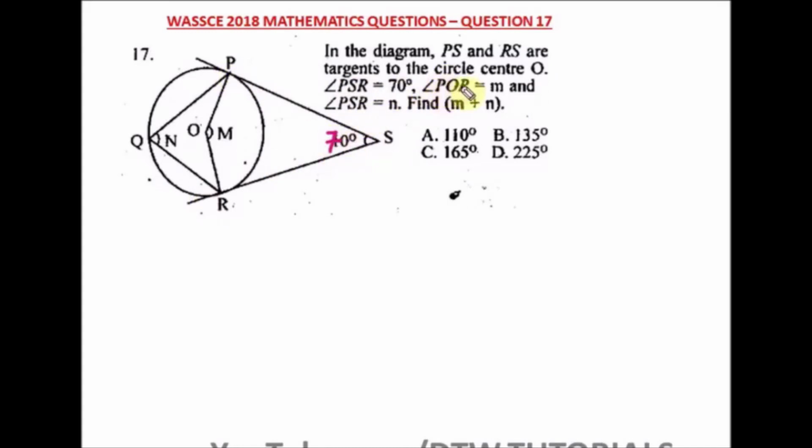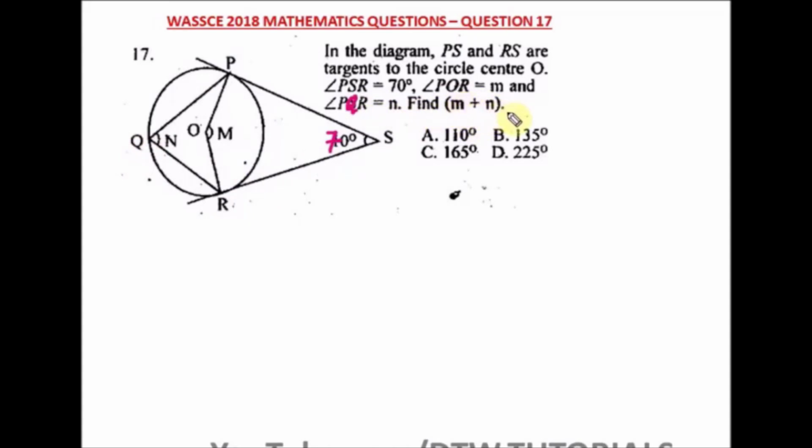And angle POR is equal to M, and angle PQR, this shouldn't be S, this should be Q, because this is equal to N. Okay, this is a typo here. So we have PQR is equal to N. Find M plus N.